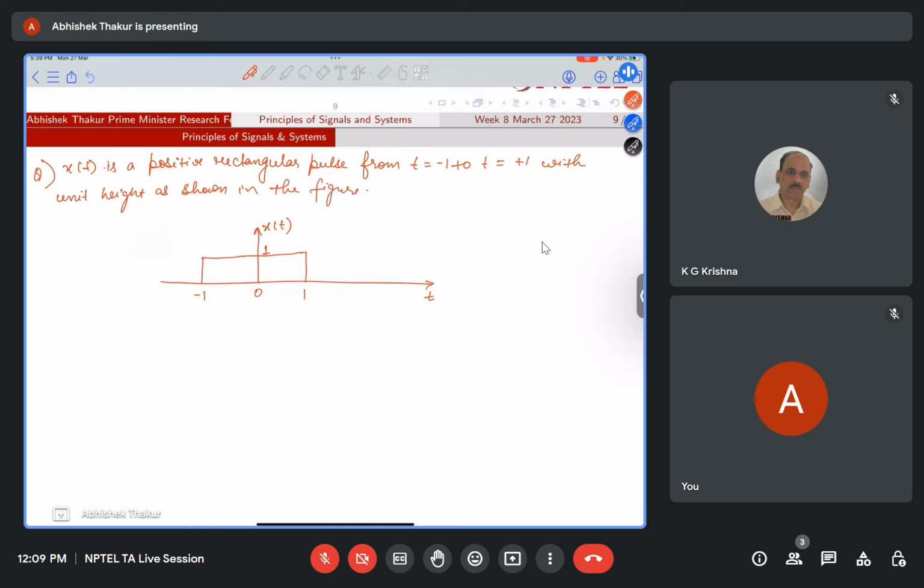Now we have to find the integration from minus infinity to infinity of mod of X(omega) squared d omega. Here X(omega) is the Fourier transform of x(t).